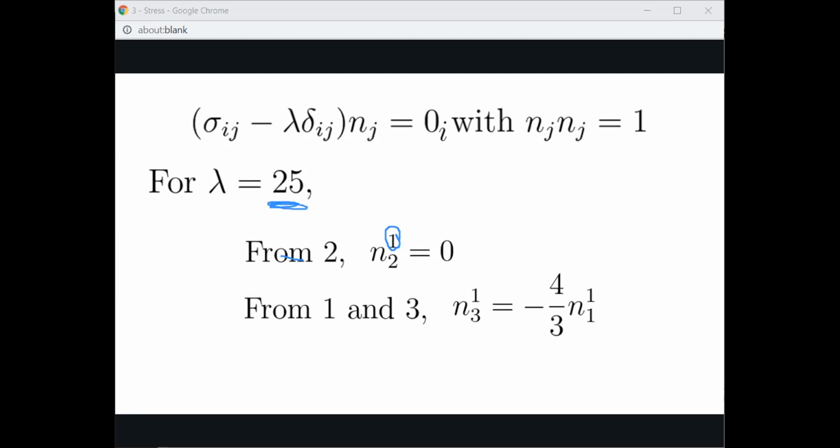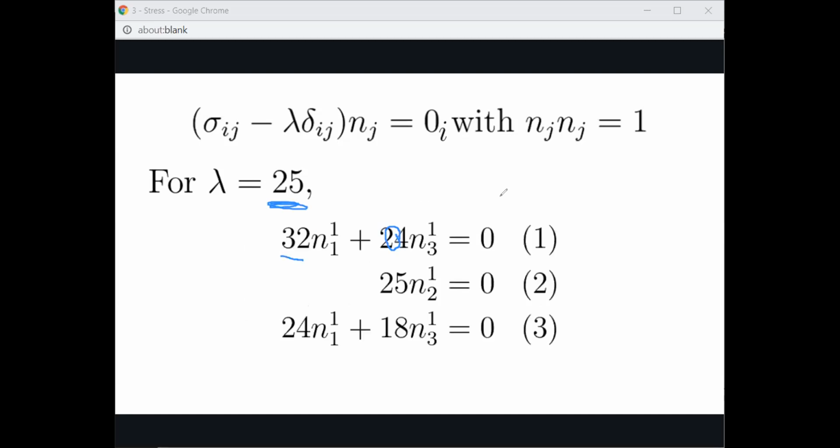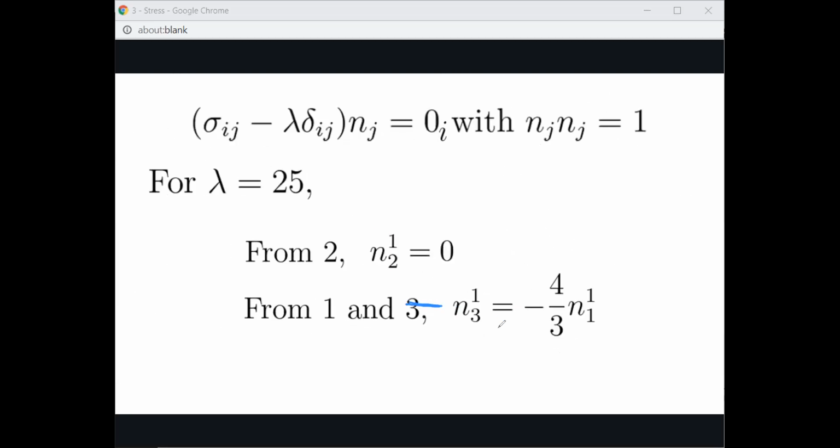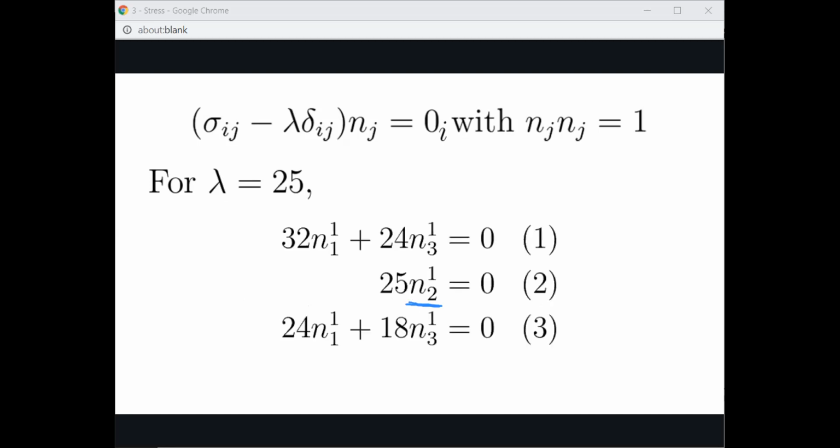Okay? So balik tayo dun sa previous slide. Dito ko na lang siguro i-solve. So from here, sabi yung n21 is equal to 0. By just dividing this by 25 both sides, we can get n12. What else? From 1 and 3, n13 is negative 4/3 n11. Okay. So if we go back, here, these two equations actually say the same thing.